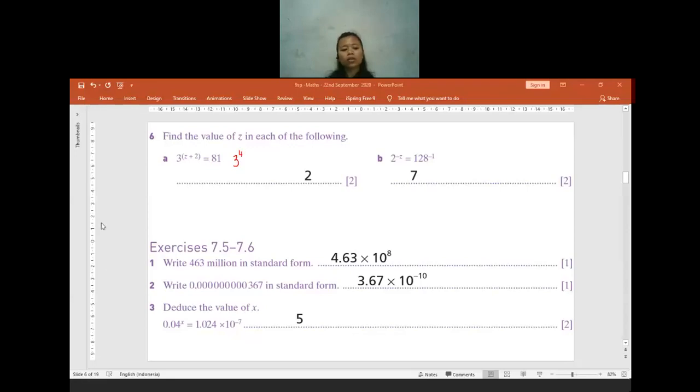Both of them have a base of 3, so it means we can cancel all the number 3. So now we only follow the indices. It will be z plus 2 equals 4. So later on z equals 4 minus 2, which equals 2. That's why the final answer is 2.